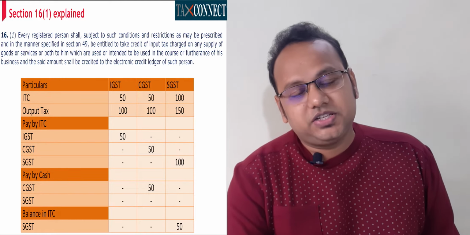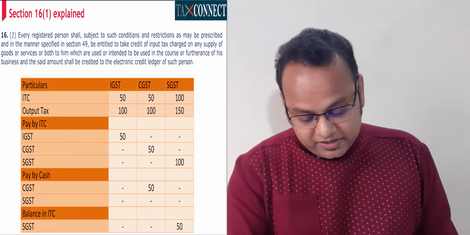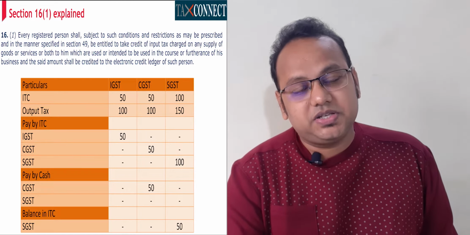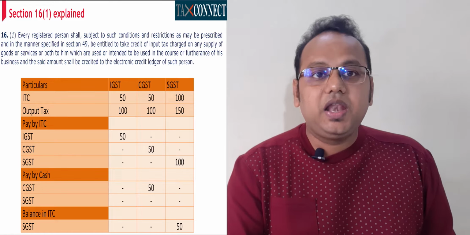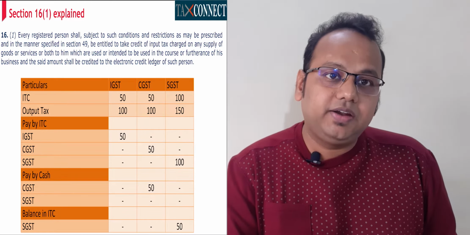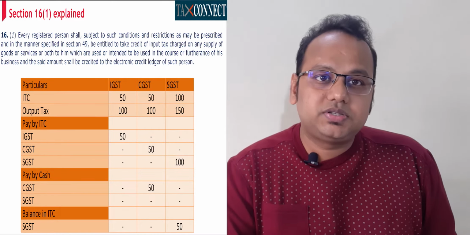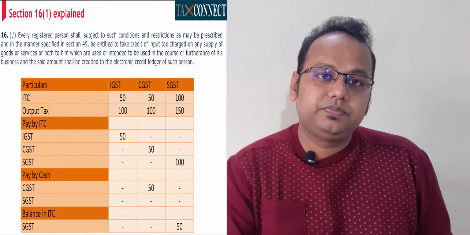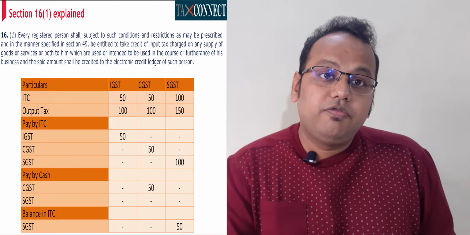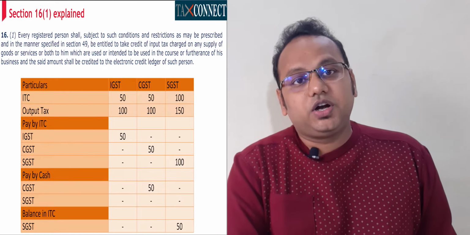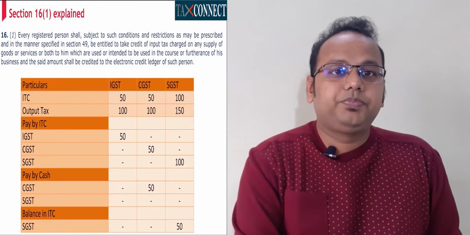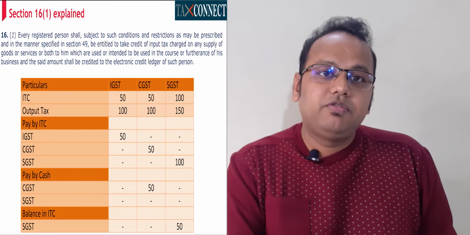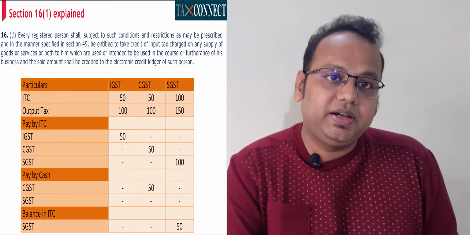Section 16 subsection 1 provides that every registered person can avail of input tax credit on goods or services received by it, which is for furtherance of business but subject to section 49. Now section 49 is the payment section which has been amended from 1st February 2019.